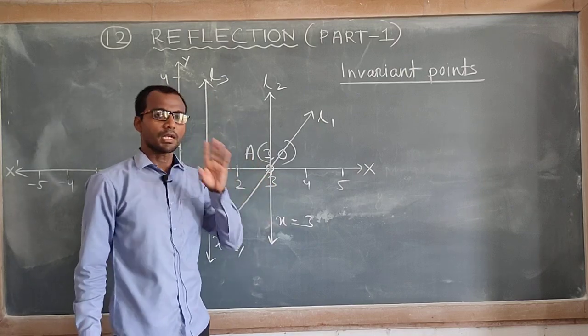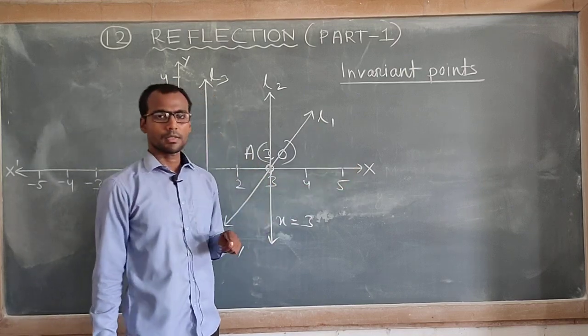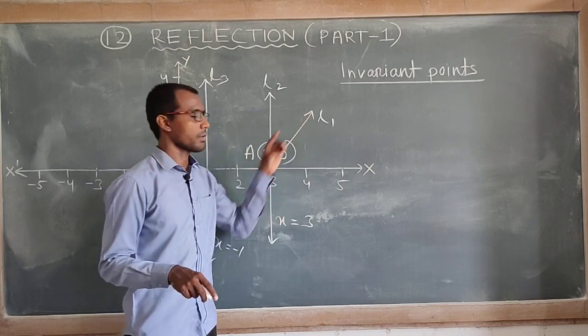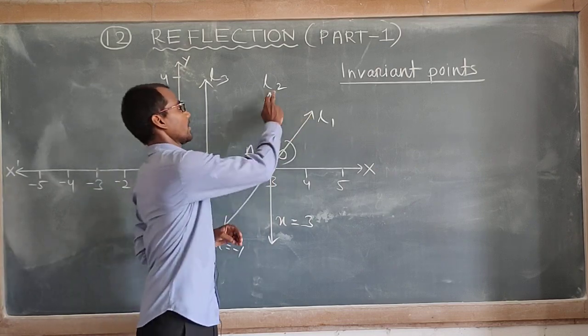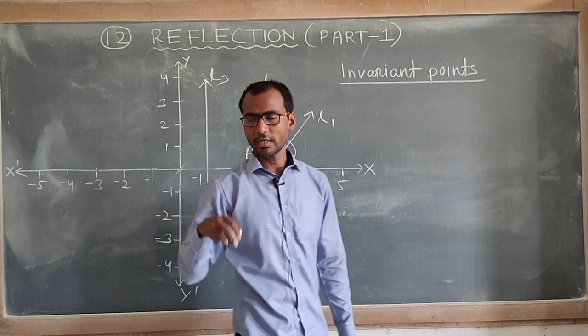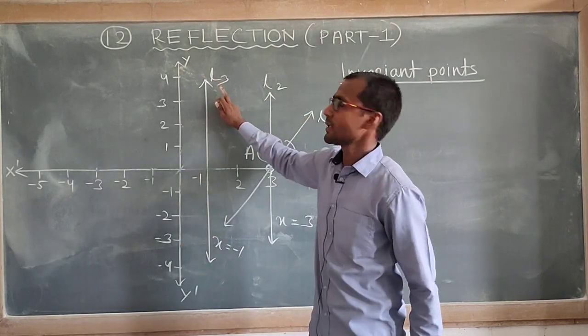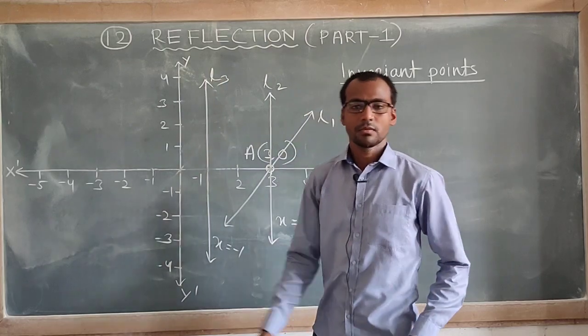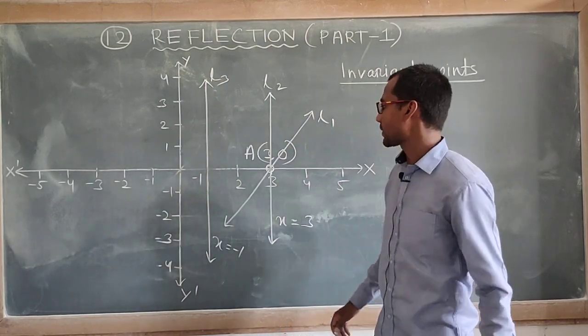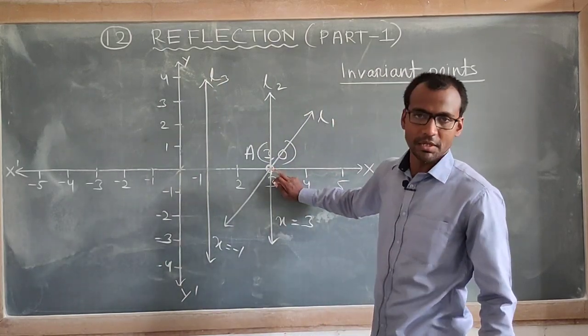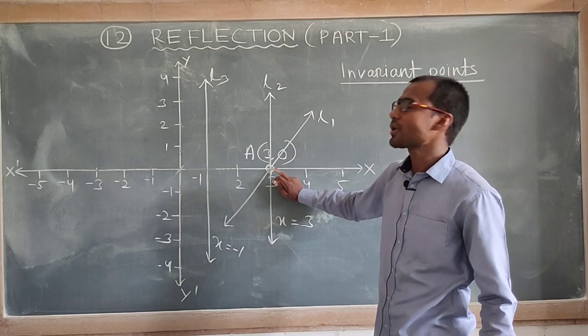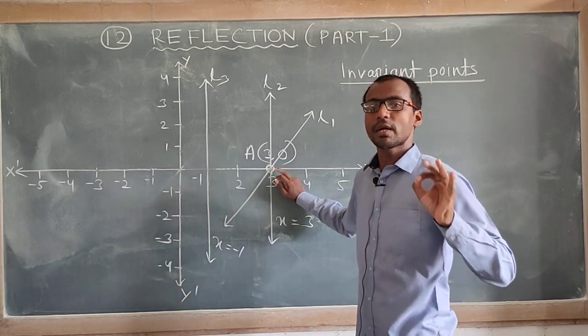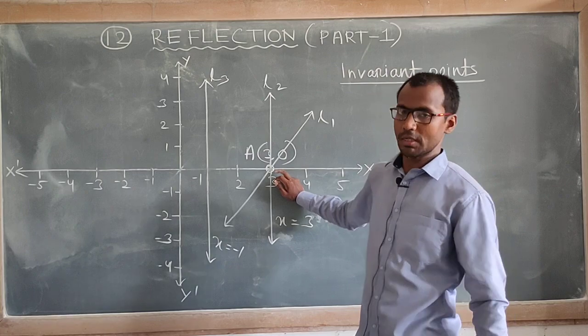This point is invariant in the x-axis, invariant in the line L1, invariant in the line L2. But it is not invariant in the line L3, which is the line x = -1. So from this we conclude that a point is invariant if it is reflected in a line that passes through it.